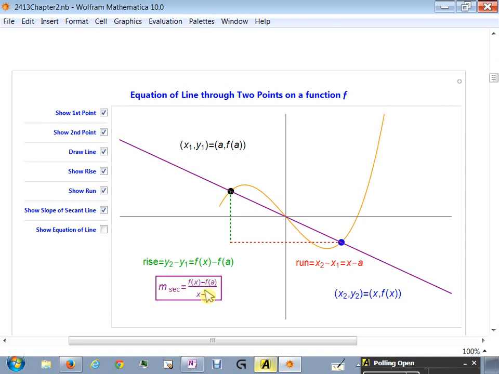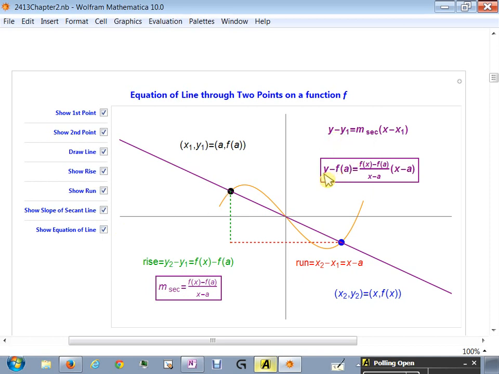If I replace the m with that whole ugly thing and then leave the formula the way it is, I'm also going to have to replace x1. What did we call x1? It was a. I'm going to replace y1 with f of a. So this is what the formula should look like.